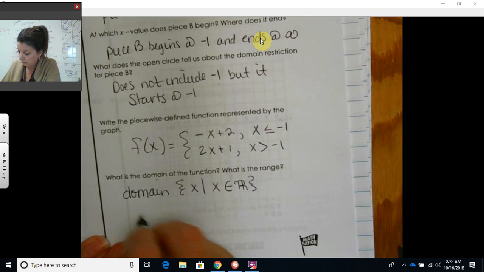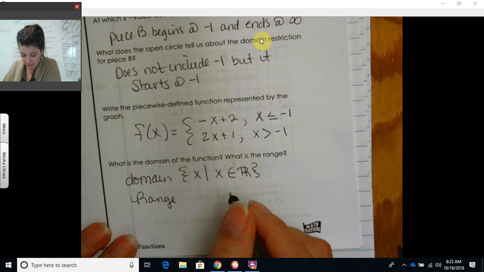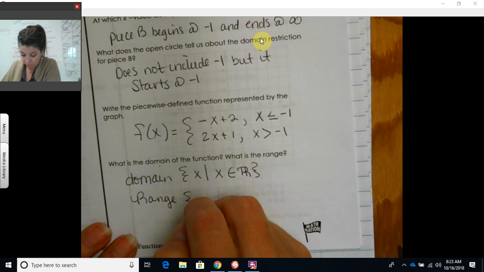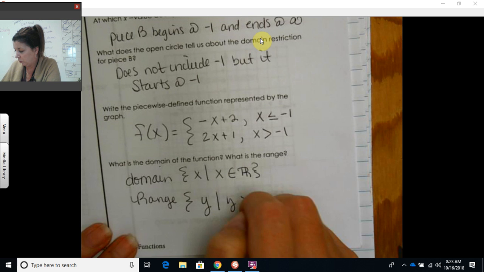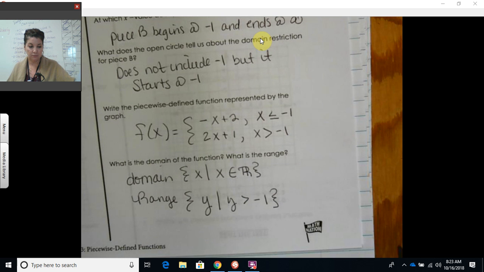And for the range, since I used set notation above, I'll use the same. I'll say y, because range is y values, y such that y is greater than -1. If you want to use interval notation, you can do that. Everybody cool with that?